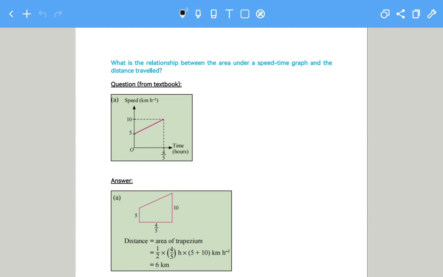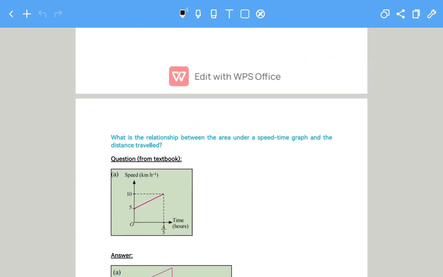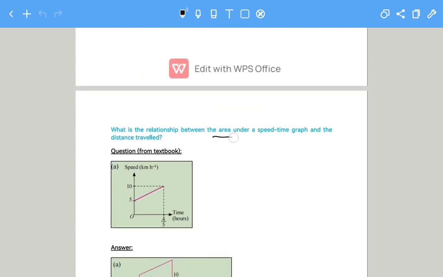In this question it asks, what is the relationship between the area under the speed time graph? The question asks about the area under the speed time graph. So what is the area under the speed time graph? We know that this is speed, then this is time.